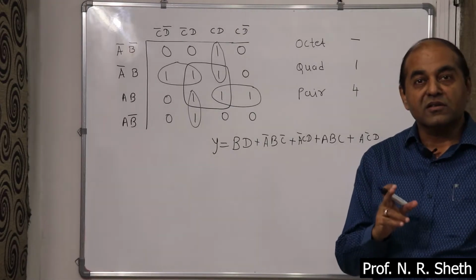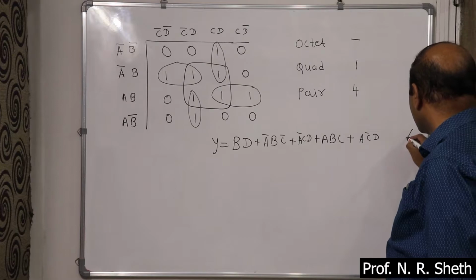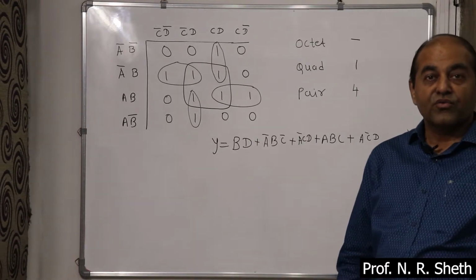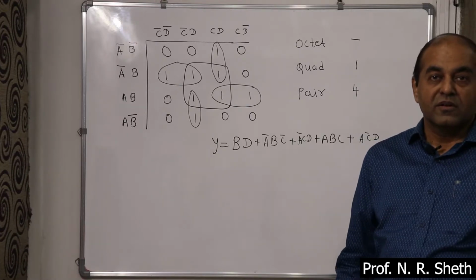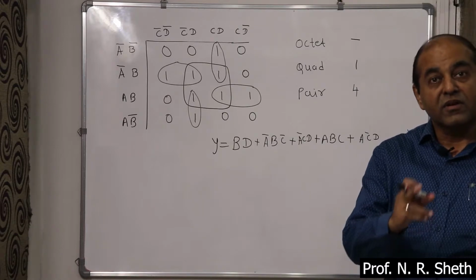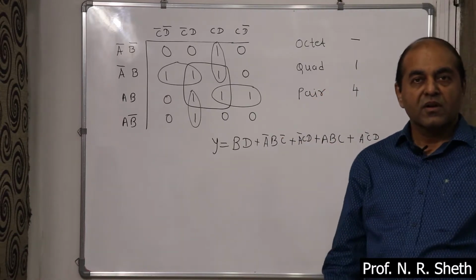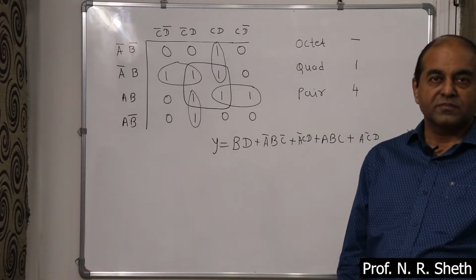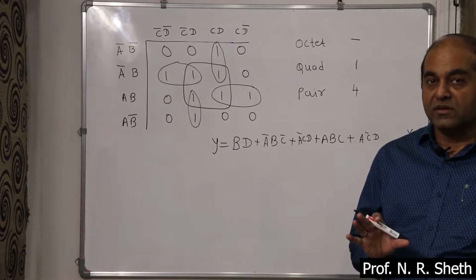But this answer is wrong. This is a wrong answer. Further simplification is possible. We'll give you the hint. One redundant group, an unwanted group, is there. Find out the unwanted group in this figure. Because you have used only 5 properties.